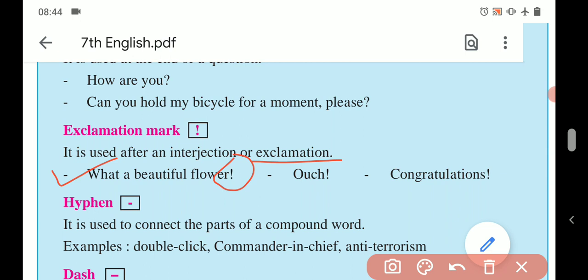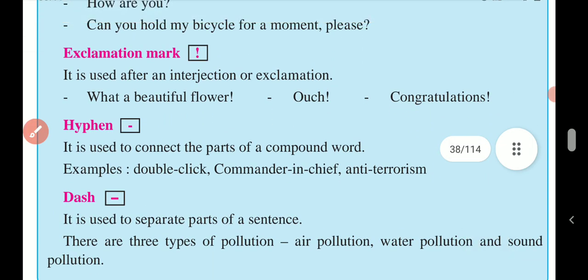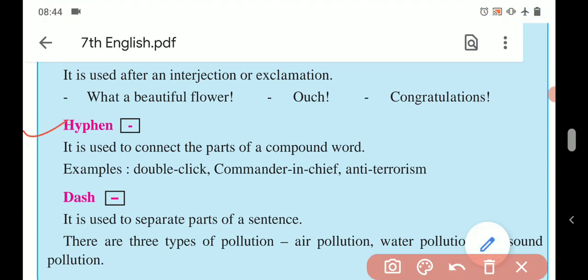So if you are there to express certain feelings using interjections, you have to use exclamatory mark. If you are there to use exclamatory sentence to express your sudden feeling, at the end you have to use exclamatory mark.